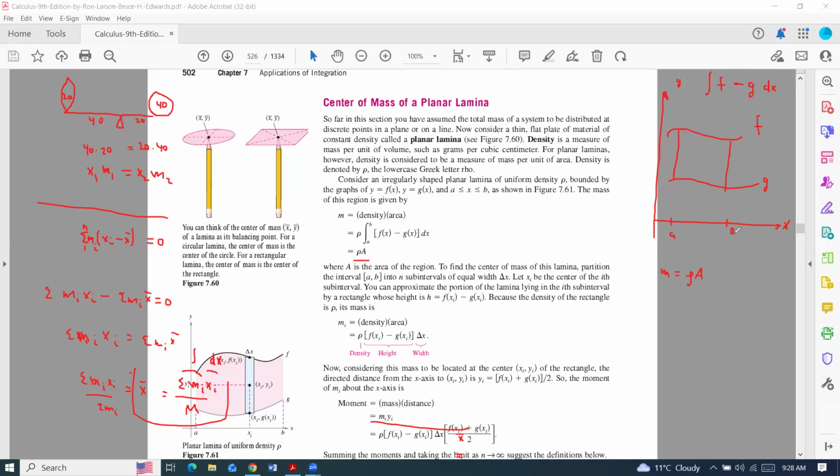For convenience, we always use the same letters, a to b. So that's what we call the area of this region. And now we're going to try to find the center of mass. So here's one thing to watch out for, because for the center of mass, we have two coordinates, right? One x bar and one y bar.